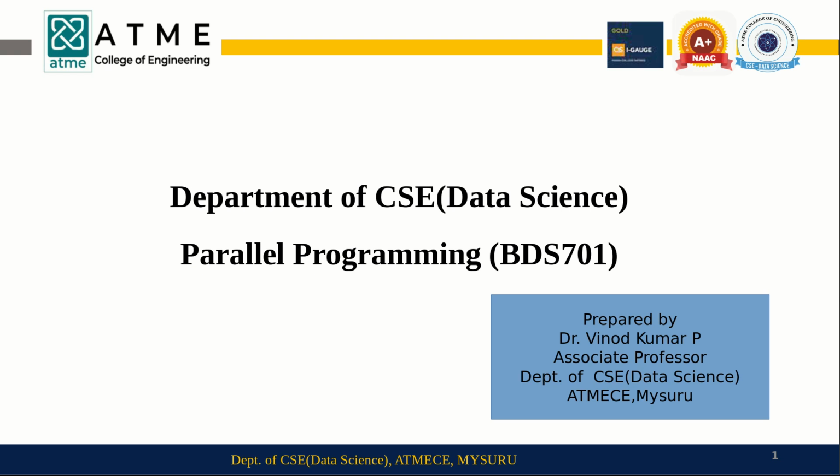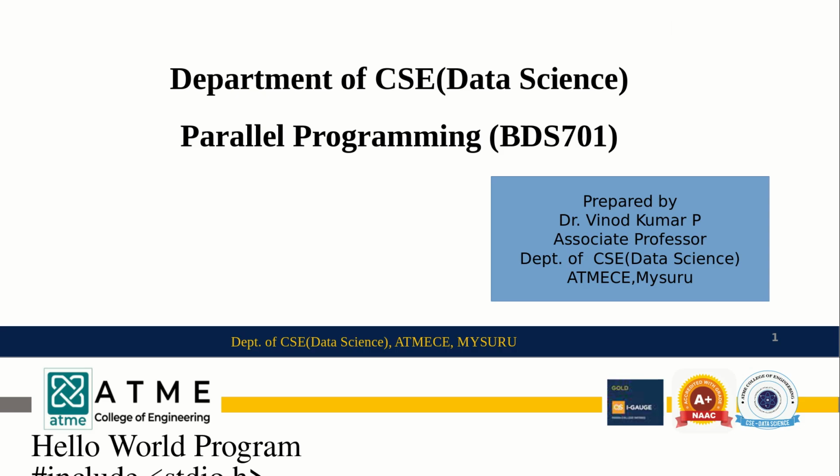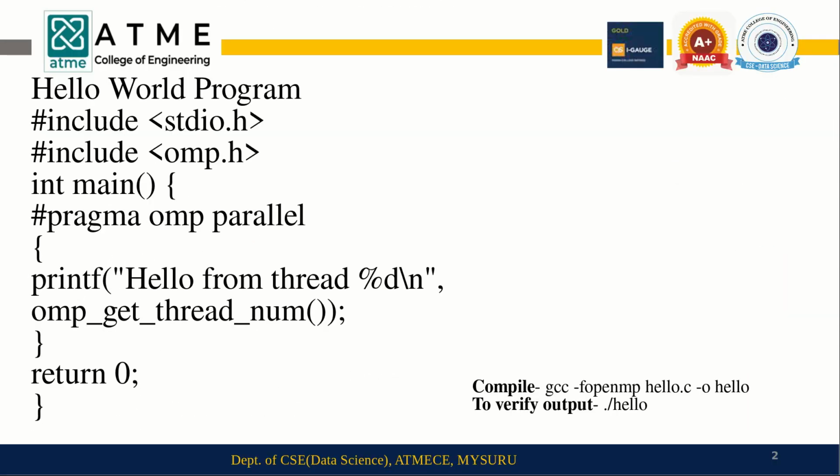Let us see the difference in the OMP programming method. Here you can see the hello world program, where we start with #include <stdio.h>, which includes the standard library where printf and scanf are available. The next header file is omp.h, which includes all the OMP parallel directives, runtime functions and environment variables.